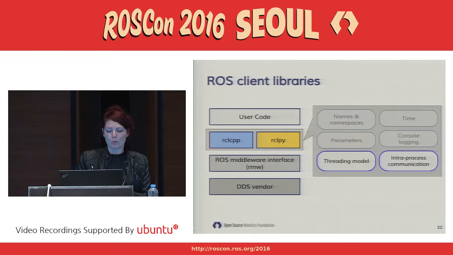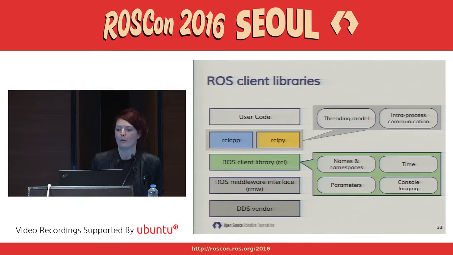And what the rest of those features are, though, it's mostly more like behavior or logic, and these things ideally should behave the same regardless of what language the client library is implemented in. So there's a lot of opportunity there for the client libraries to share that core functionality.